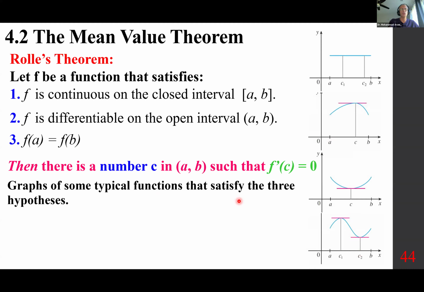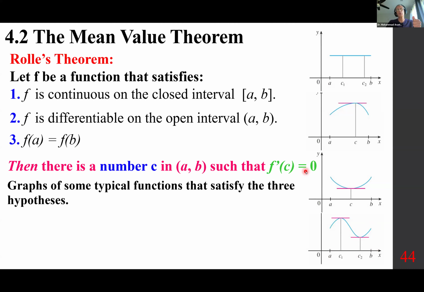If you look at all these graphs of some typical functions that satisfy the three hypotheses, we have continuous and differentiable. A curve which is smooth is also differentiable, okay? So in all cases, when f of a equals f of b, there has to be a point where f prime is 0.